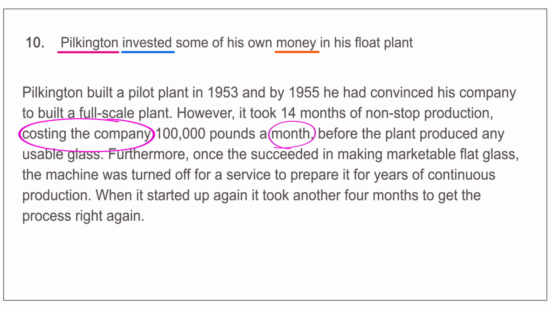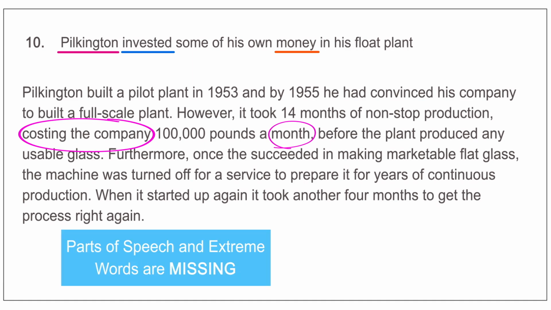But we do not have anything related to Pilkington, who invested some of his own money to build the float plant, all right, because the parts of speech or extreme words are missing here, so the answer is not given. We do not have any idea related to Pilkington's investment in building the float plant, right? So the answer here is not given.